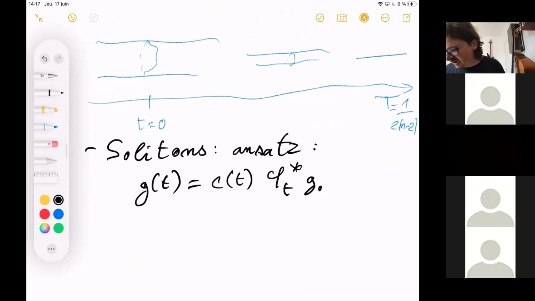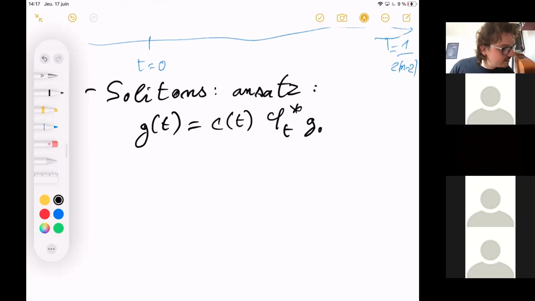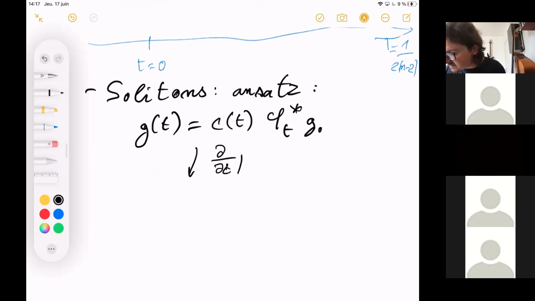So these solitons were first used in PDEs when they were looking for translation invariant solutions of propagations of things and stuff like that. Here the translation invariance is replaced by a coordinate change invariance. If you take the time derivative of that at t equals 0, what you get is the following.